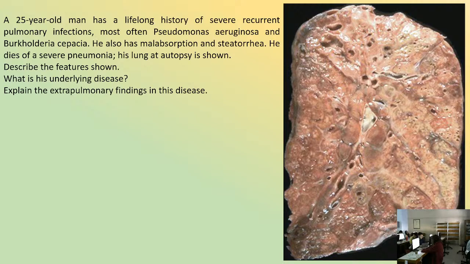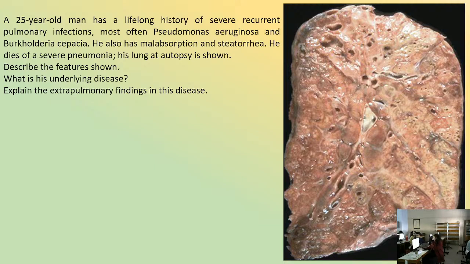What do you think if there is an increased amount of fat in the stool? What will you think if you think simple enough? What would be wrong? That fat is not absorbed in the lumen of the small intestine, and you have an increased amount of fat in the stool.